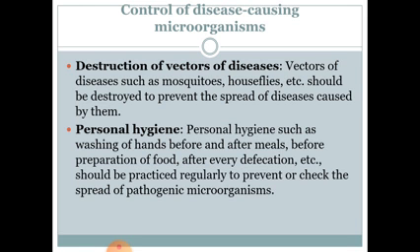Personal hygiene. Personal hygiene such as washing of hands before and after meals, before preparation of food, after every defecation, etc. should be practiced regularly to prevent or check the spread of pathogenic microorganisms.